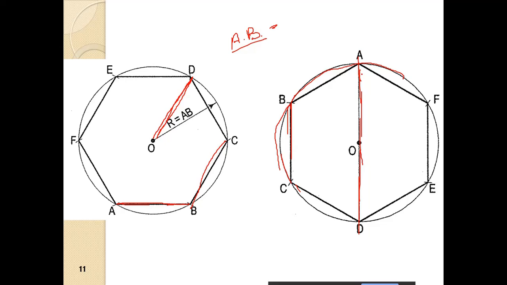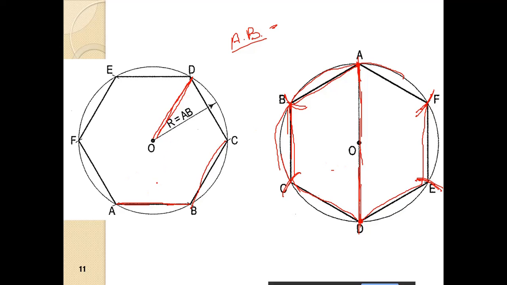Suppose you want it in this one, so you mark the points A and D. Then you take A as the center, and whatever is the radius of the circle, you mark the points B and F. Similarly you take D as the center and you mark the points C and E. And you join A, B, C, D, E, and F. Okay, so that is a hexagon.